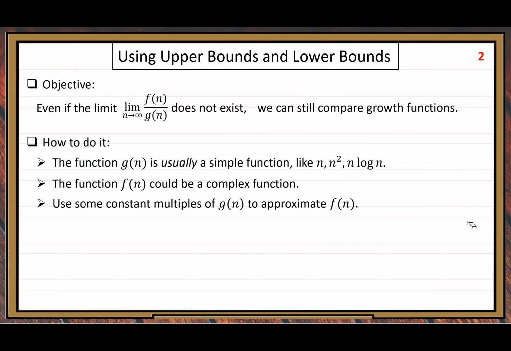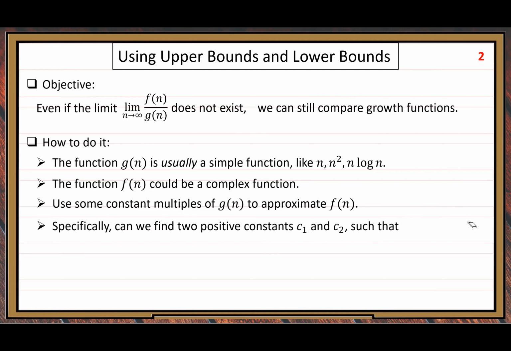F of n is relatively complex and g of n is very simple, but how do we represent a complex function in terms of a simple function? So that's the objective. The way is to use constant multiples of g of n.